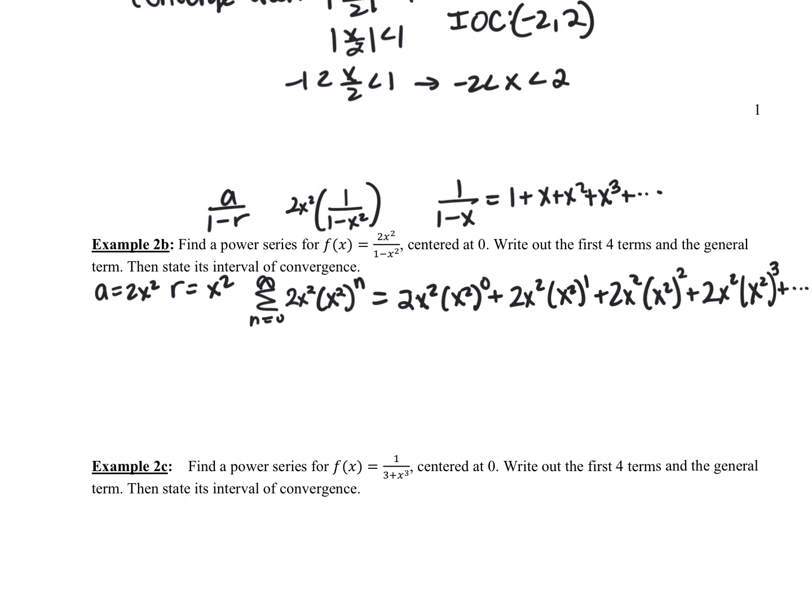So now let's simplify that, and we'll simplify the general form as well. So this will be 2x squared times x to the 2n, which we can really write as x to the 2n plus 2. So let's rewrite that as x to the 2n plus 2.